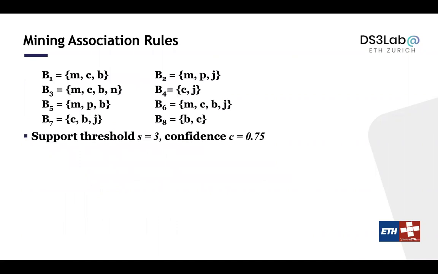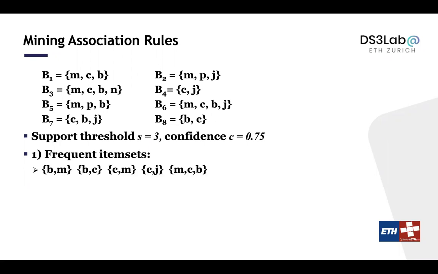Assuming again these 8 transactions, and assuming our support threshold S equals 3, we only care about rules whose support is larger than 3, and our confidence threshold is 0.75. In this case, let's try to find all the frequent item sets. It's going to look like this.